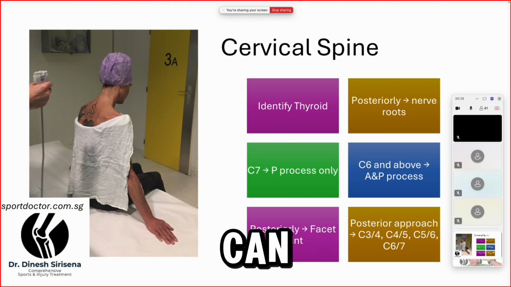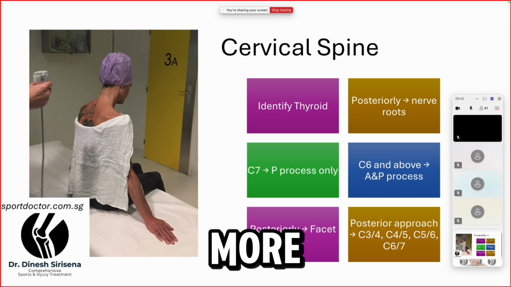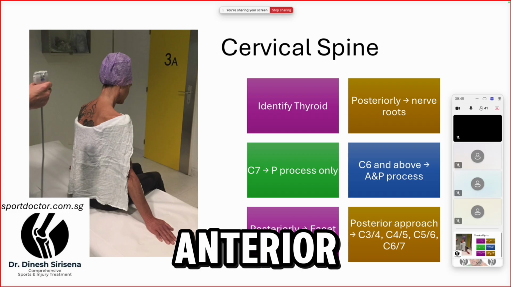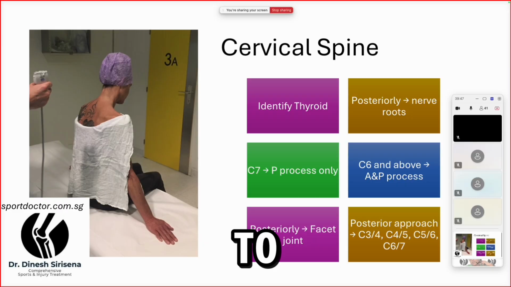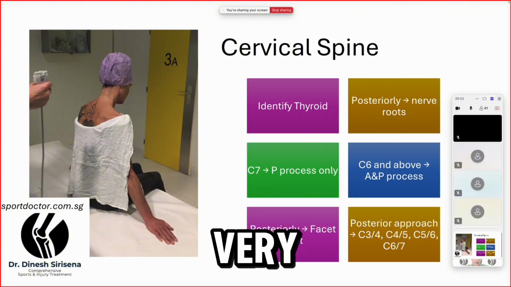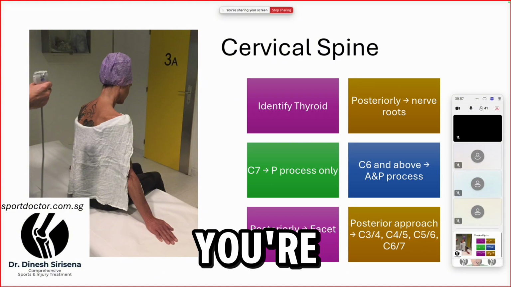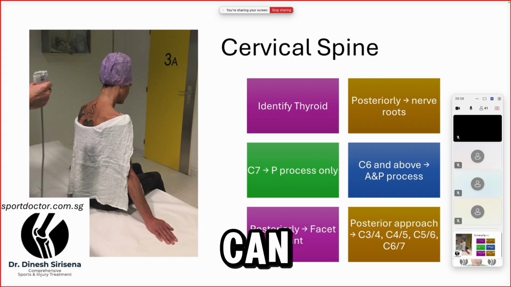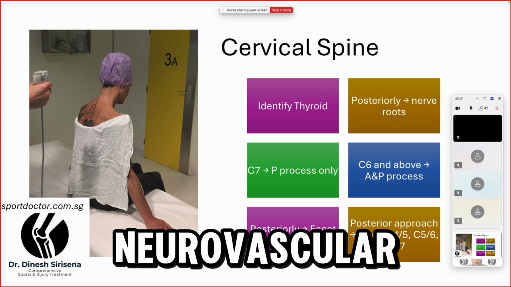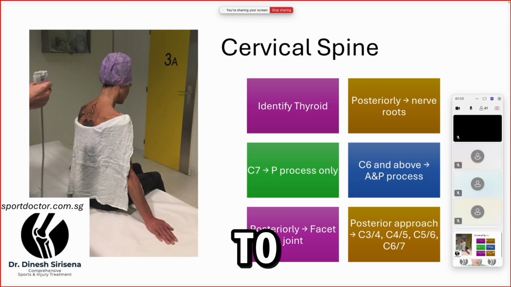At the back, you can access the facet joints, and from a slightly non-anterior approach, you move to the lateral aspect, and then you can get to the nerve roots from there. Actually, they're very superficial and very straightforward injections to do, and if you're careful, you can avoid all the neurovascular structures at the front, and you can really make a difference to patients' lives in terms of their pain.